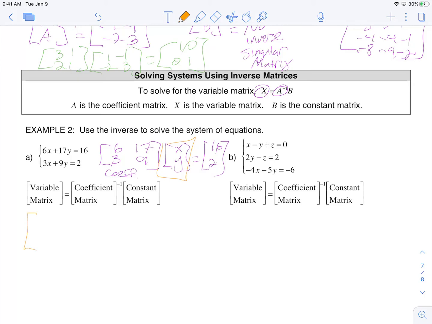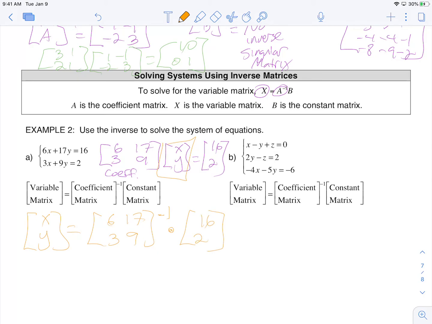So now the variable matrix, xy, is equal to the inverse of 6, 17, 3, 9 times the constant matrix.